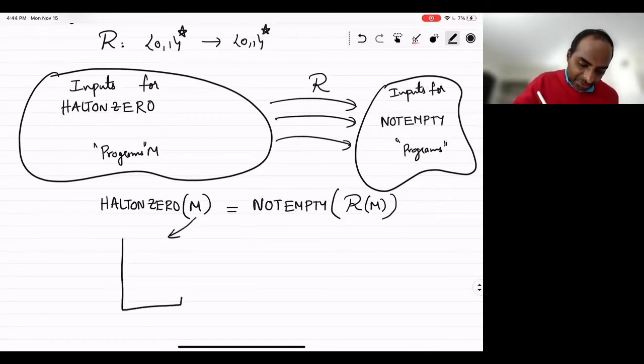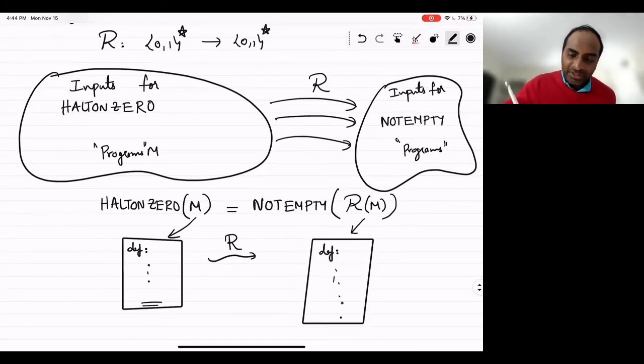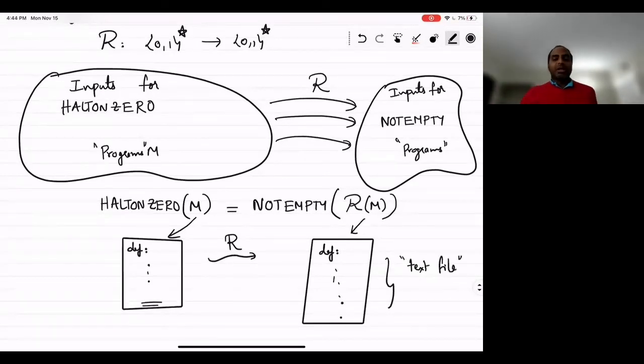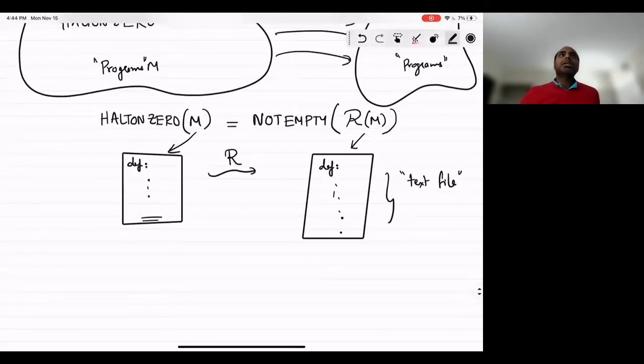So meaning, if you think of M as some sequence of lines, def, whatever, right? You have some lines here, that's your M. Then we want to translate it to some other program. And maybe it's def, you do all kinds of stuff, but that's the program. That's the text file that you're going to run not empty on. Okay.